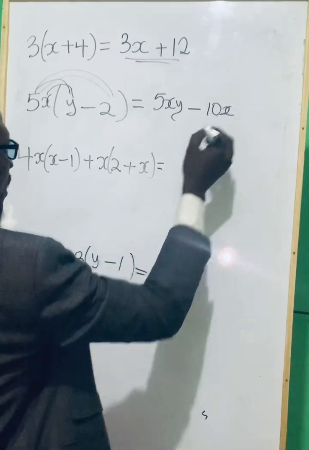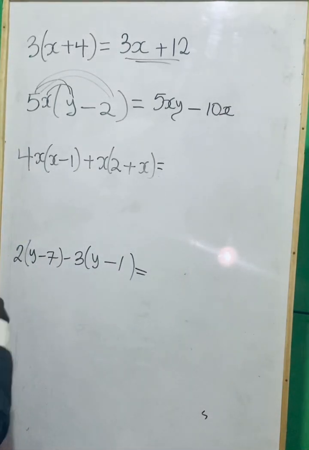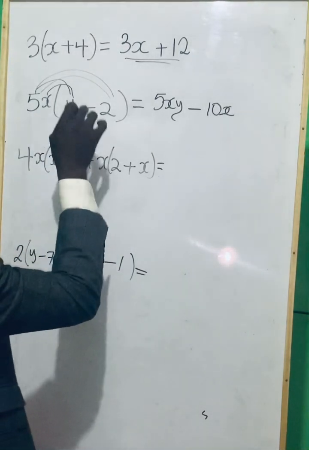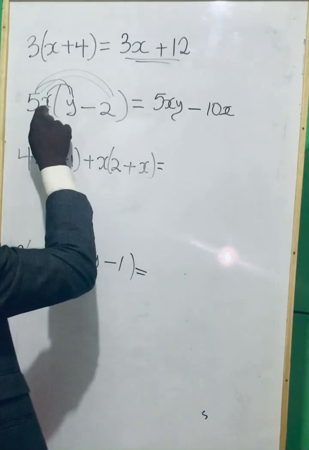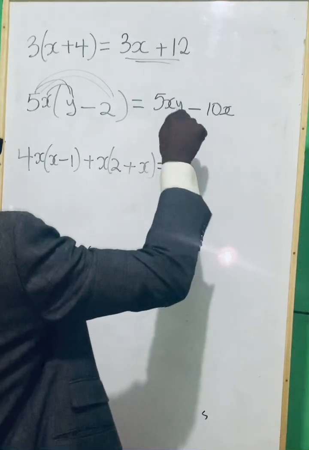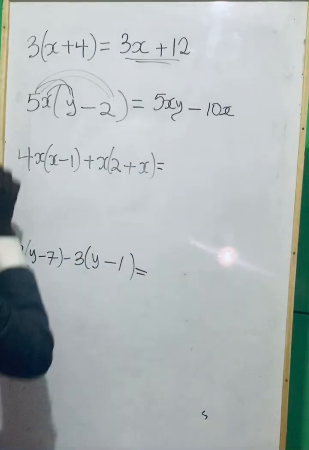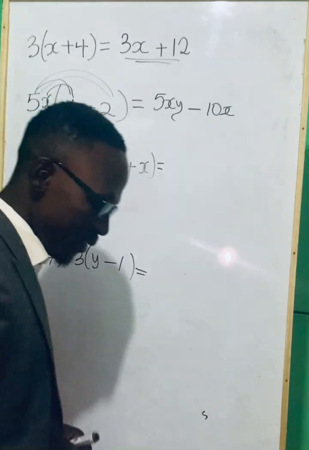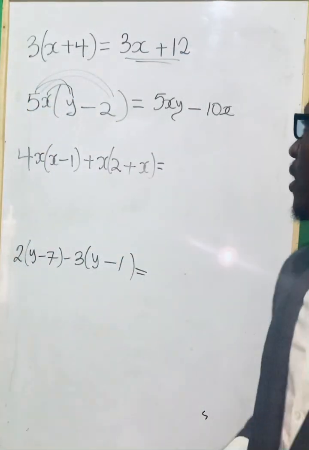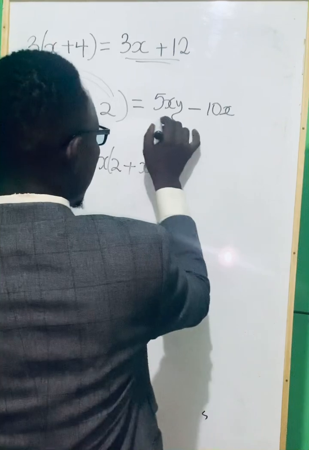This is because we have 5x here multiplied by 2. So 5 times 2 gives us 10, and the x is 10x. It's also negative here because the 2 is negative. So 5x times negative 2 is going to give us negative 10x. That's the second one. That's correct.